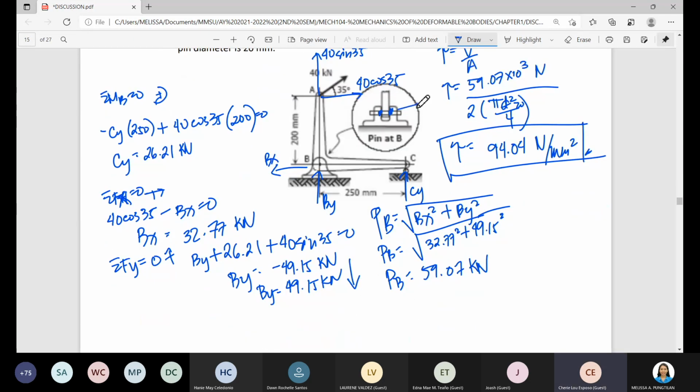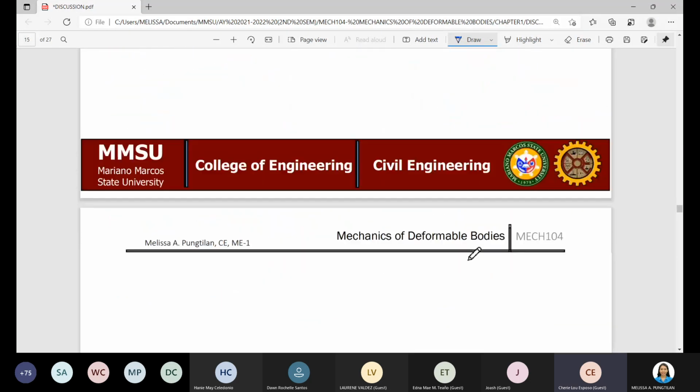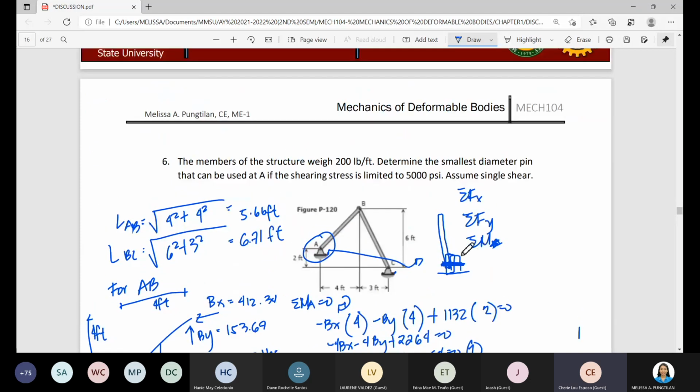This one and this one. Kaya nagkaroon ng double shear. Okay, dito, single shear lang daw. Ganito yung itsura. Yan yung support. Ito yung ating member AB. Ito yung ating P. Kaya single shear lang i-consider natin.